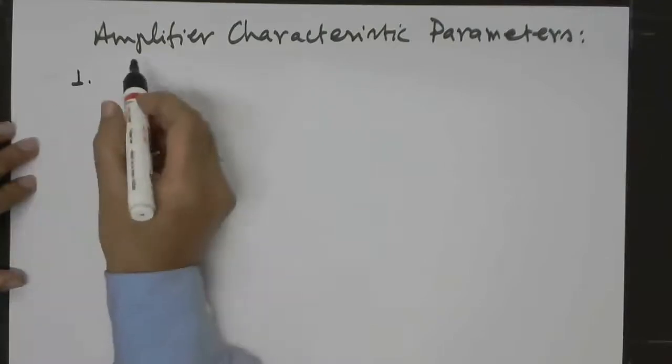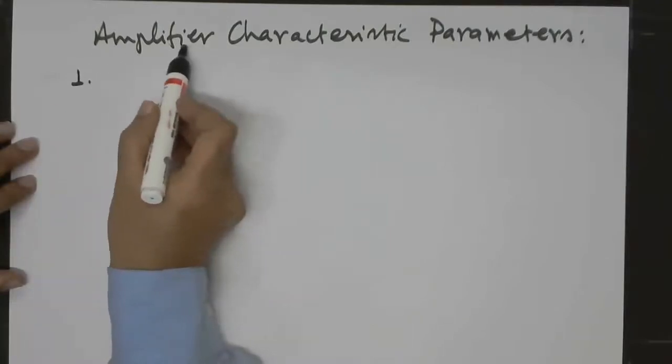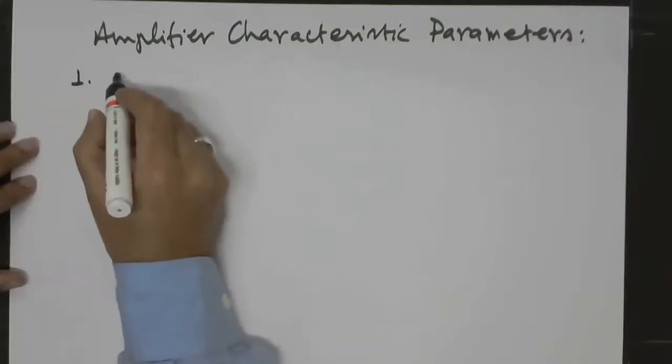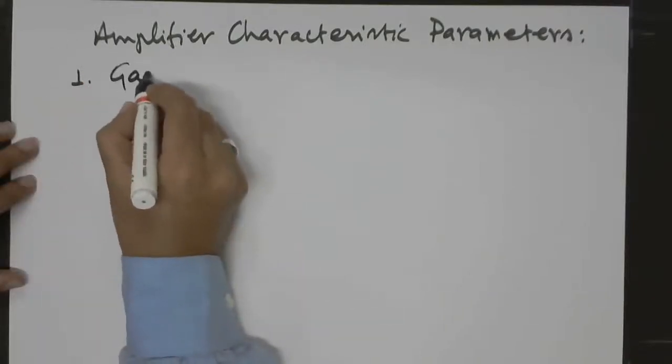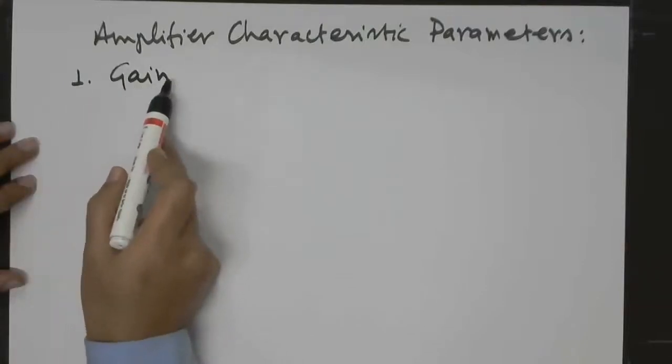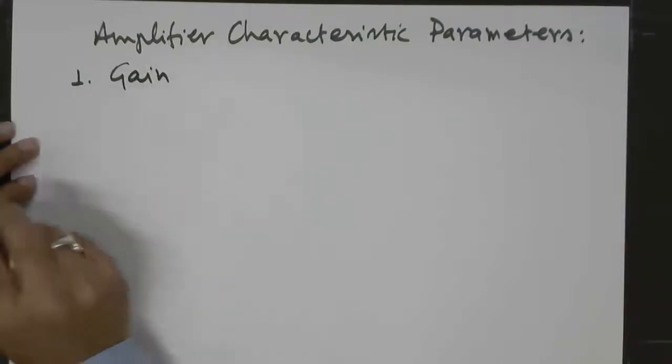So the first parameter, of course, is related with the name of this circuit itself. That means amplifier, and that is called gain. So whenever you have amplifier, this is the first parameter that will come into picture.